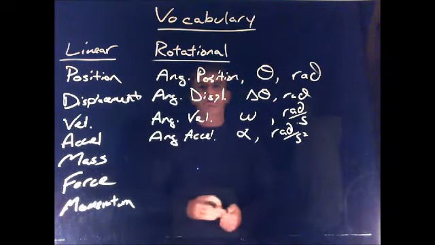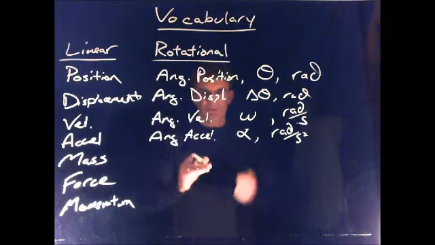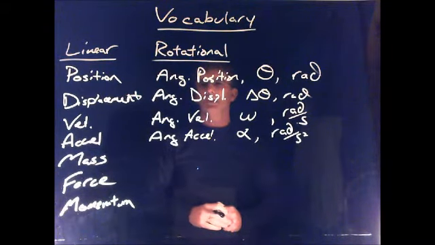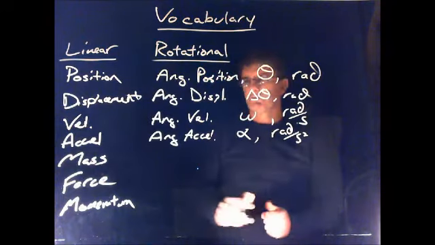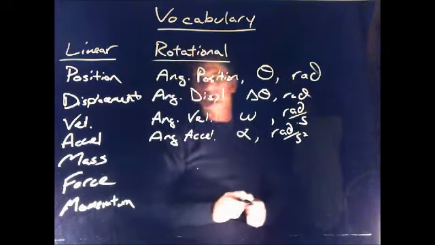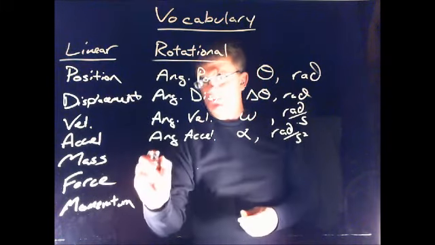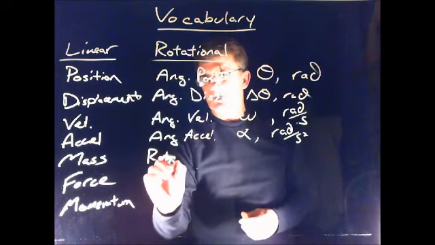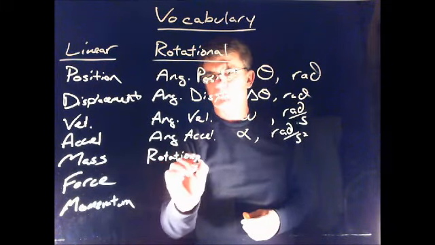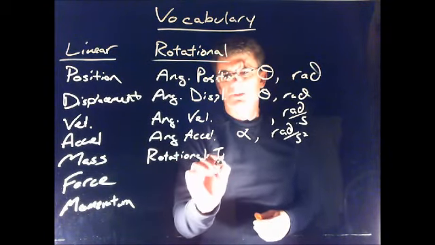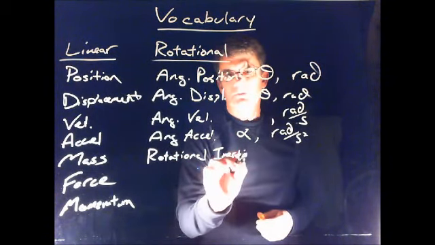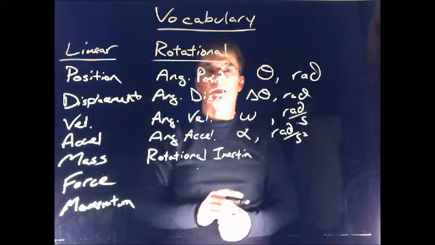There are two big terms in rotational motion that are challenging to understand and to get through. One of them is our rotational equivalent to mass, which is referred to in different ways. I'm going to call it rotational inertia, and we're going to talk about that more in Unit 7A.